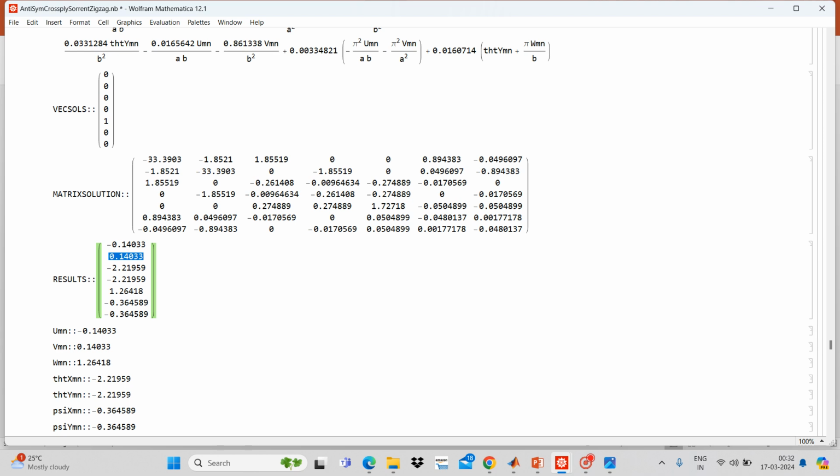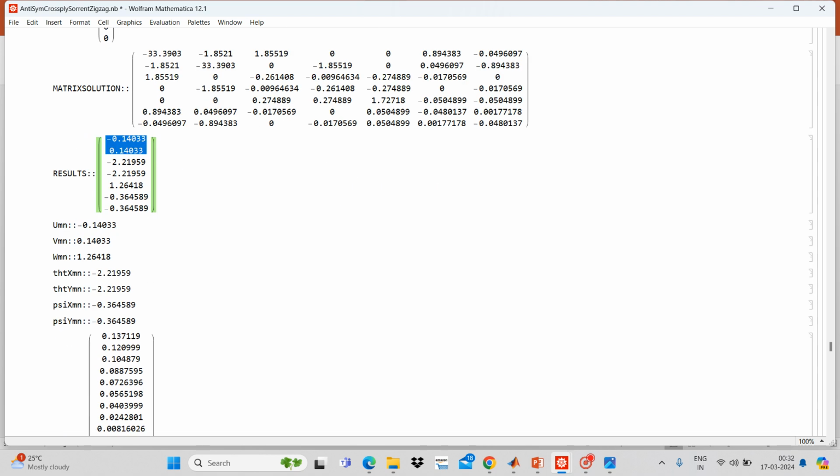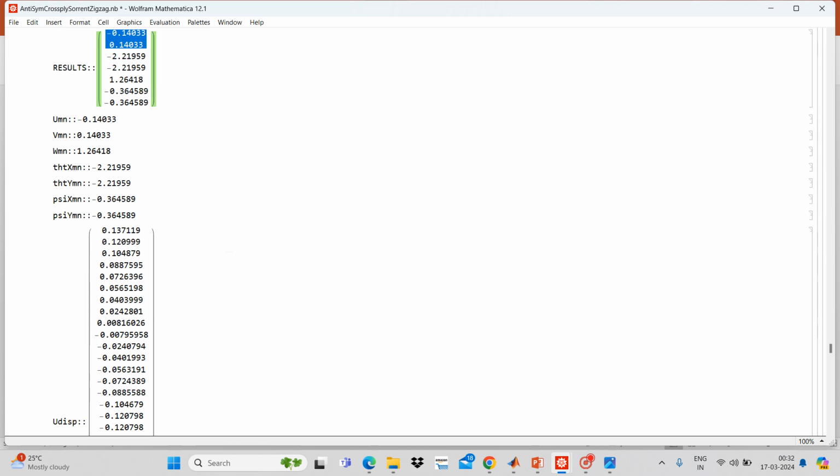Therefore, the stretching is also involved in it. So UMN and VMN are non-zero values, unlike the previous case. Therefore, this is the anti-symmetric case.